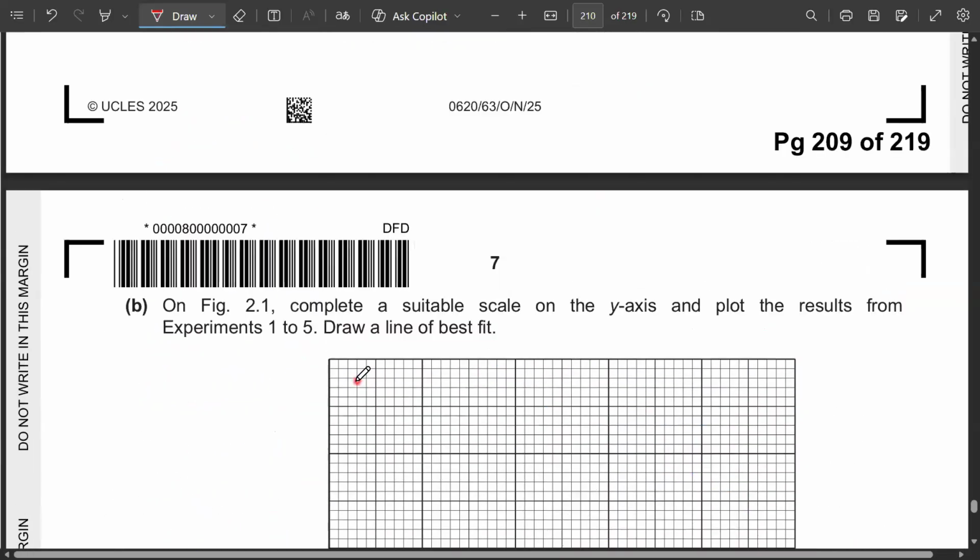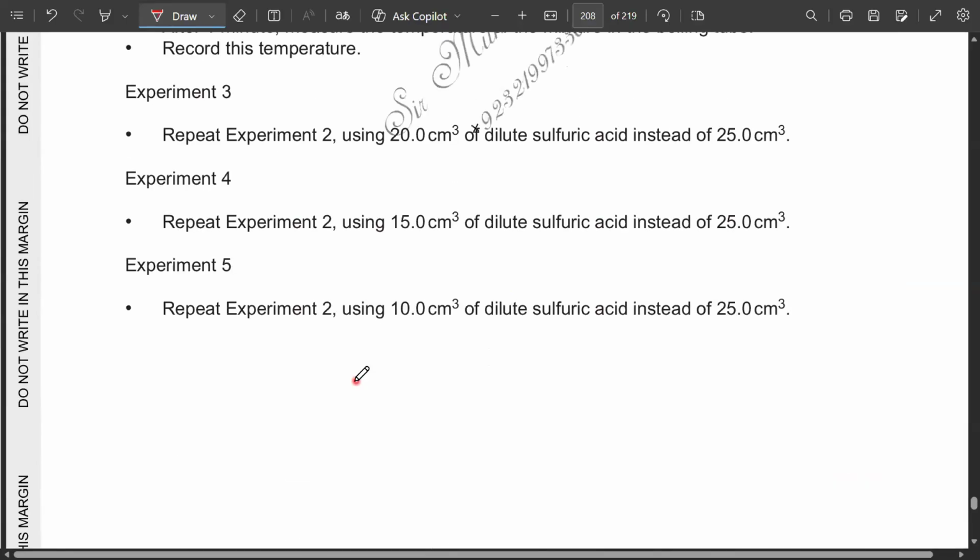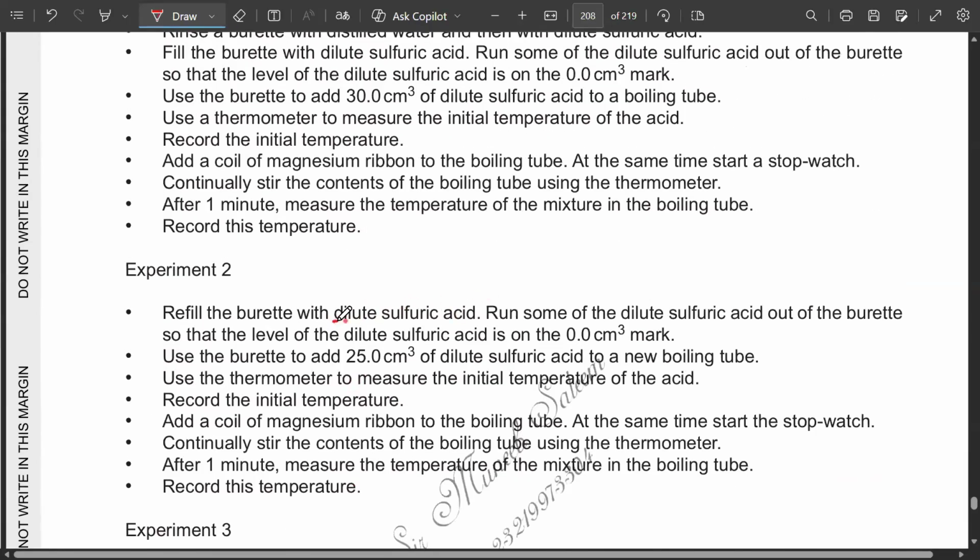So the reaction will be Mg plus H2SO4 to produce MgSO4 plus H2 gas.